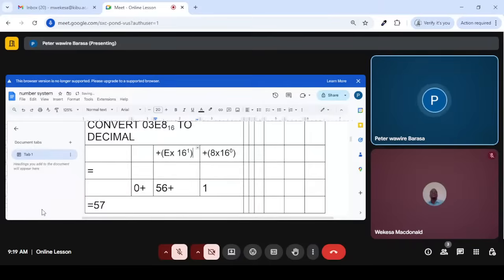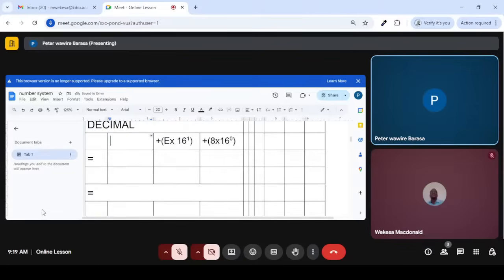So plus, next it will be 3. Sixteen power 2.